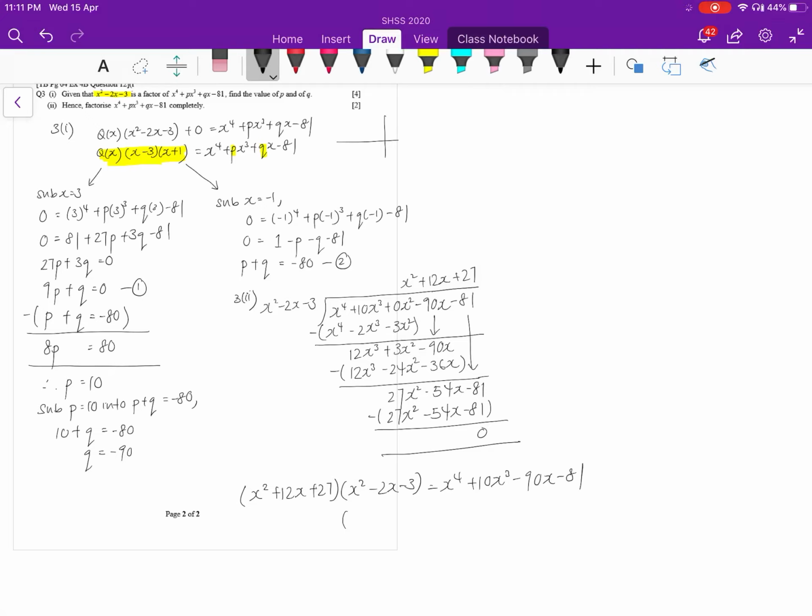Okay, I already factorized this, which is x minus 3, x plus 1. The other factor, if you do the cross method factorization, you should get x plus 9, x plus 3. And that is the fully factorized version of this expression over here.